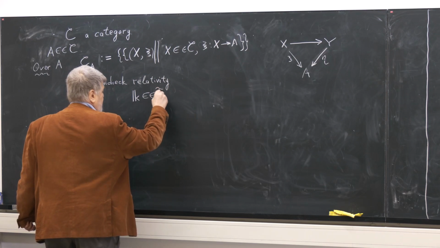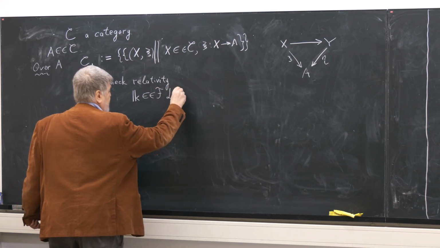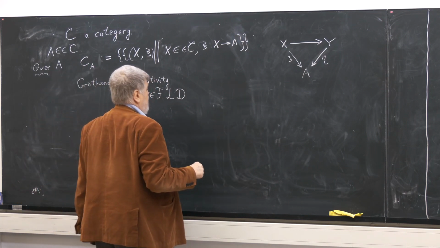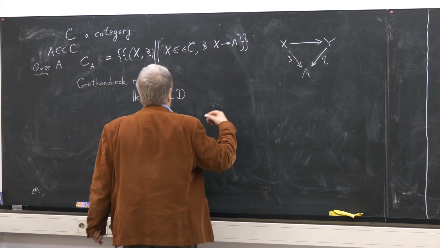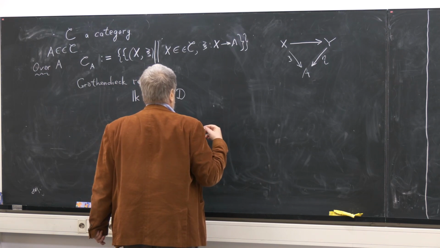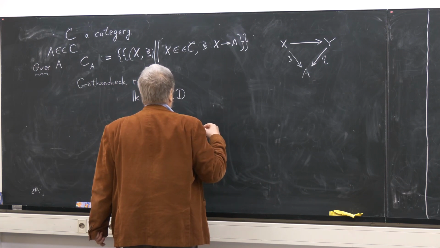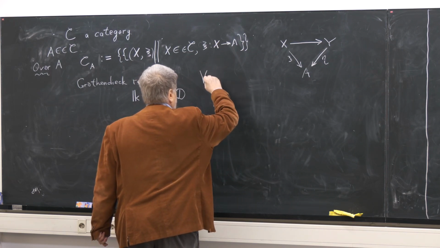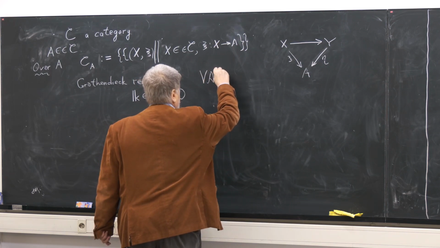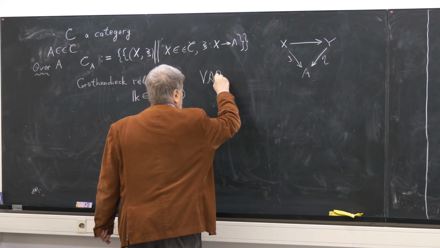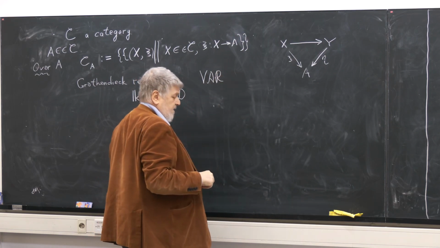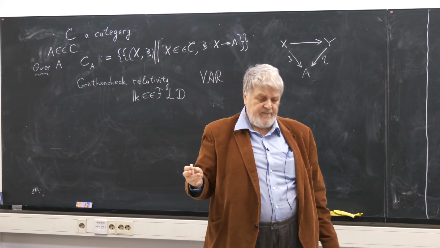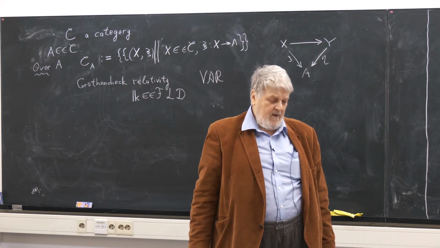Here are our notations for that. And what Grothendieck suggested to consider was just the category. We have not introduced the special notations for algebraic varieties. Let's assume it now.